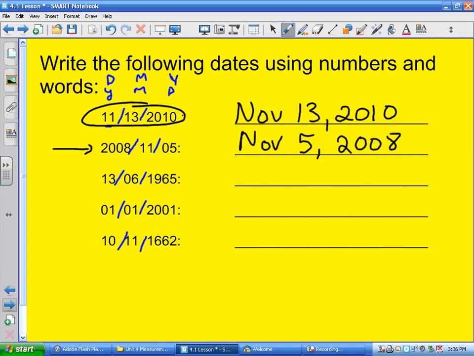The next one, 1306, goes to Tristan. What do you think? 1306 would be the 13th day of June, 1965. So June 13, 1965. That's my sister's. I was 3 years old. All right. The next one, Tara.